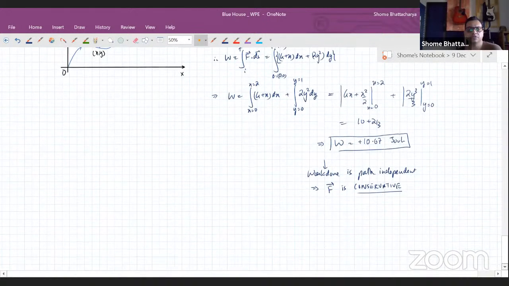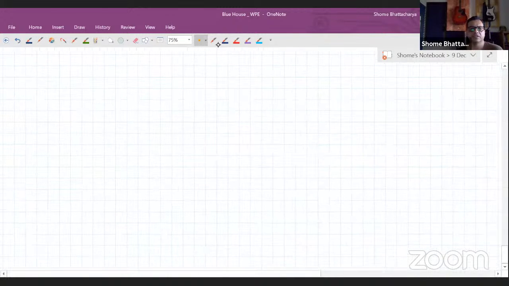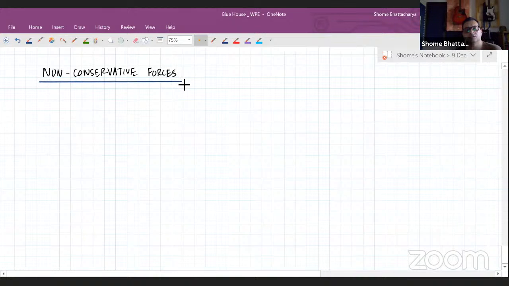Now, the opposite of conservative is non-conservative. Okay, so let us look at the definition and examples of that. So, non-conservative forces. These are forces such that the work done actually depends on the path, or more importantly, the work done in a round trip should be non-zero. Okay.